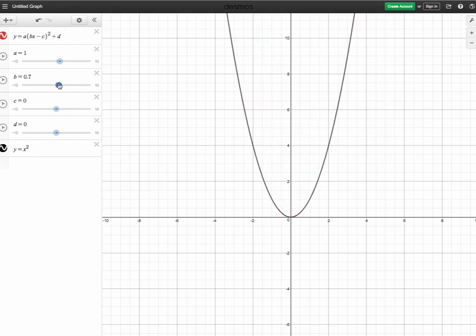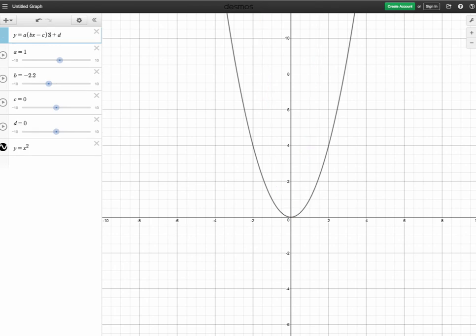When B is between 0 and 1, you get a horizontal stretch. I'm sorry, I keep saying vertical. Now you're not really going to be able to see it when it's negative, but it reflects it across the y-axis. Let me give you an odd function here and show you what happens when you have that.